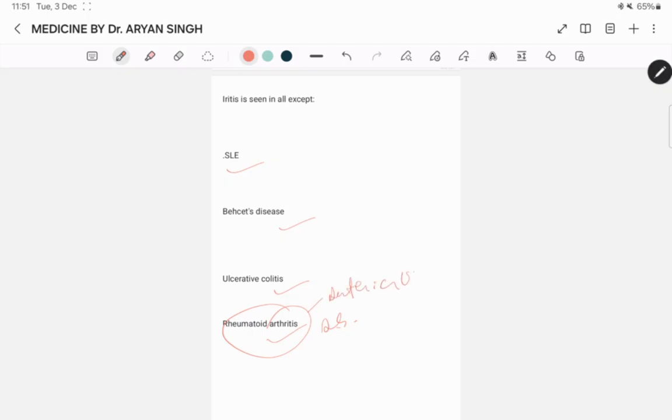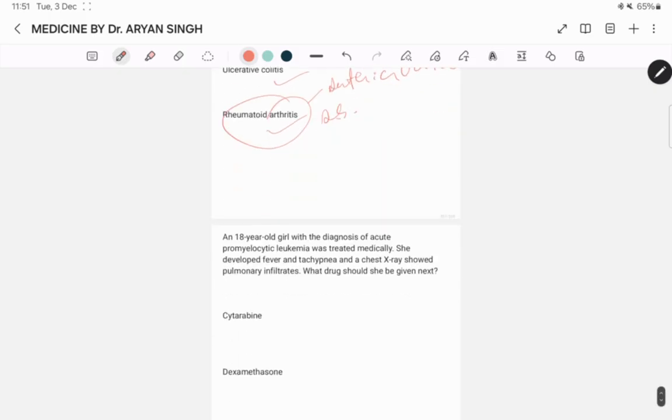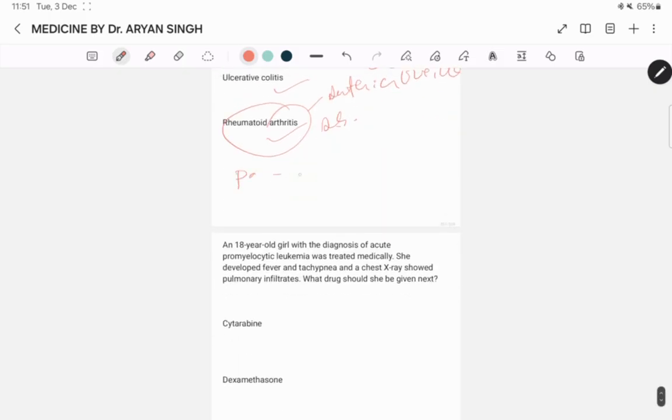Anterior uveitis. Anterior uveitis is seen in ankylosing spondylitis, psoriasis, reactive arthritis, leprosy, systemic lupus erythematosus, and juvenile rheumatoid arthritis. Posterior uveitis is seen in Vogt-Koyanagi-Harada syndrome, cat scratch disease, Whipple disease, and brucellosis.